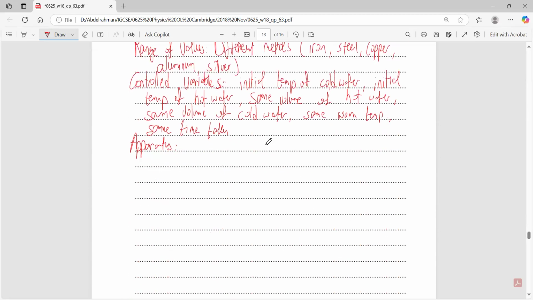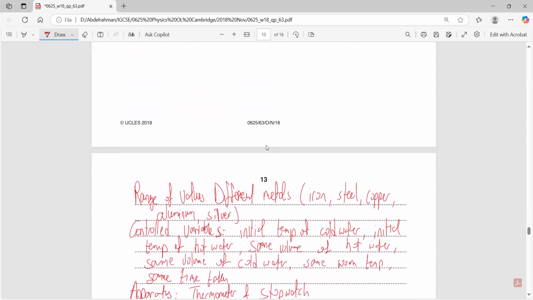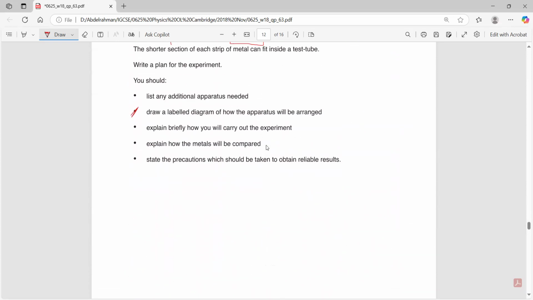You have to write down the thermometer and the stopwatch. Okay, so we wrote down some of the missing apparatuses. And then we wrote down some of the precautions. Maybe we can add some precautions if we'd like. Okay, we might do that.